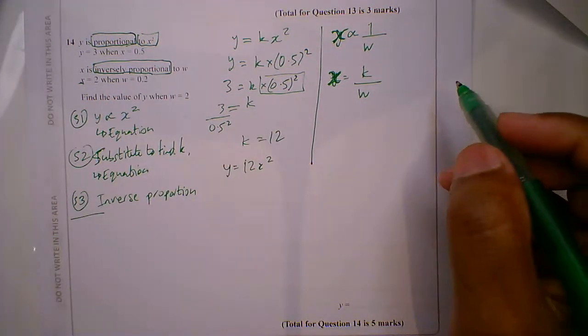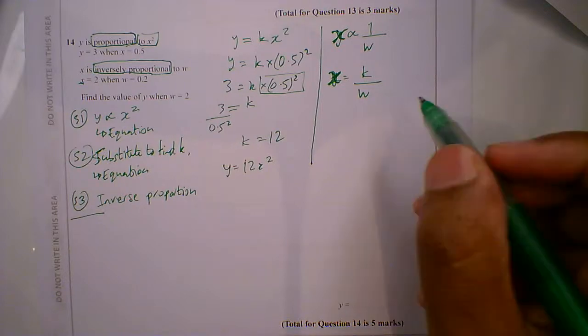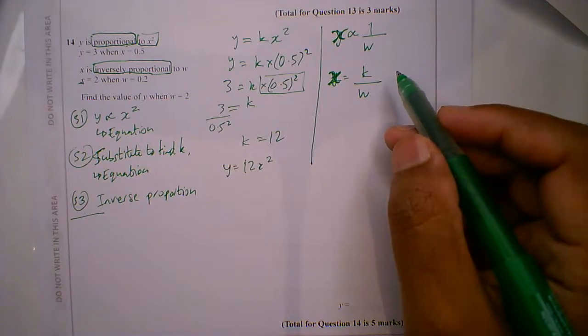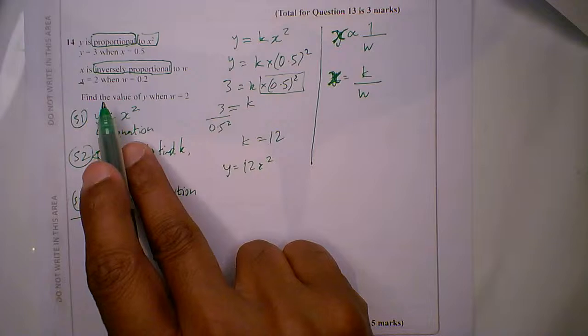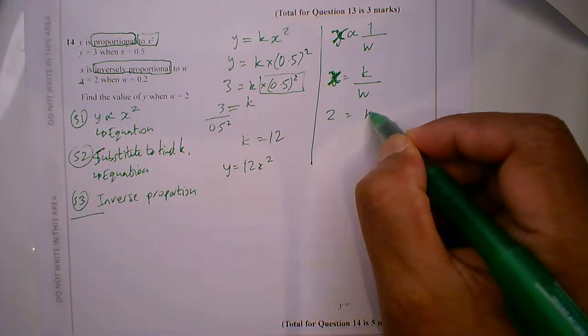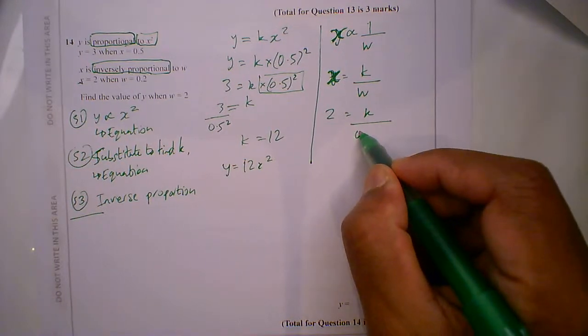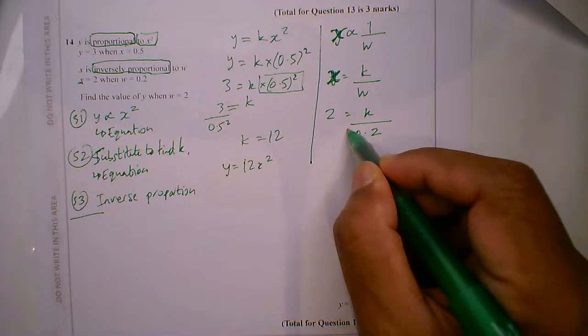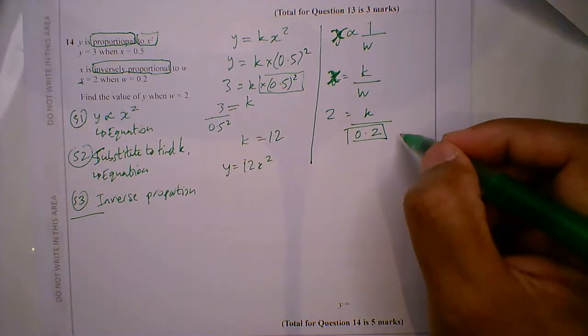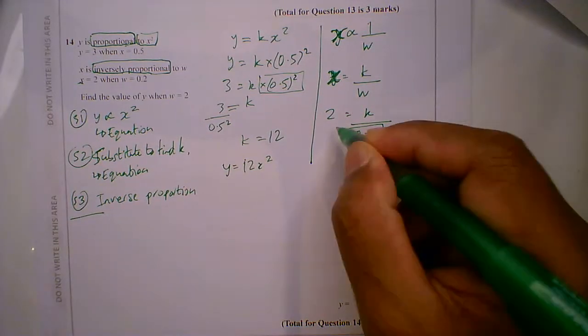So we can carry on substituting. w is 0.2. So now what's the opposite of dividing? We have to multiply both sides by 0.2.